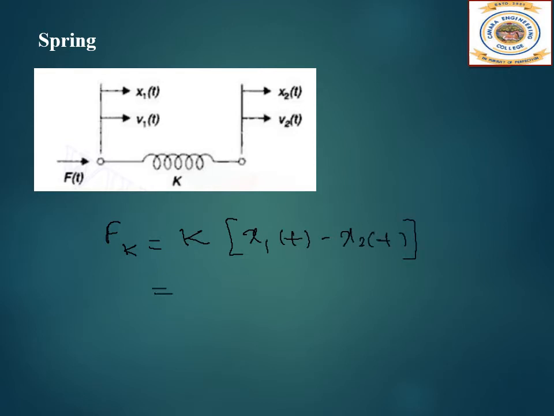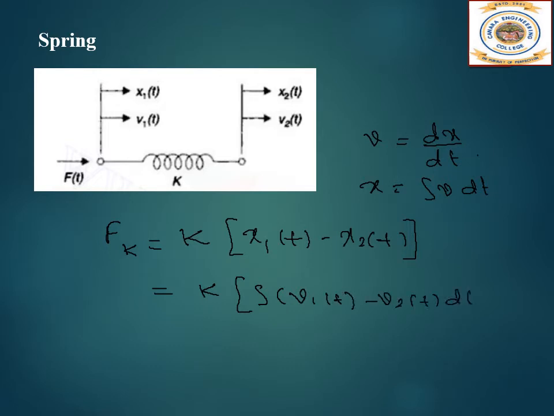In terms of velocity, we know that velocity is equal to dx by dt, or x is equal to the integral of v dt. So we substitute k into the integral of v1 of t minus v2 of t dt. This is the force for the spring.